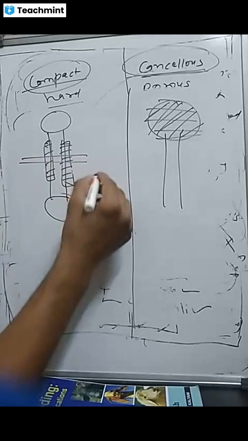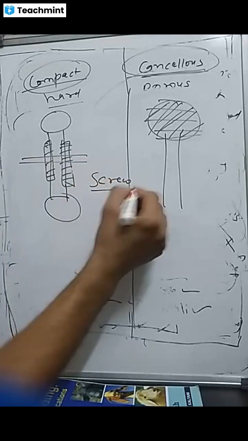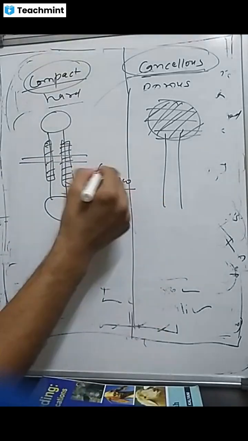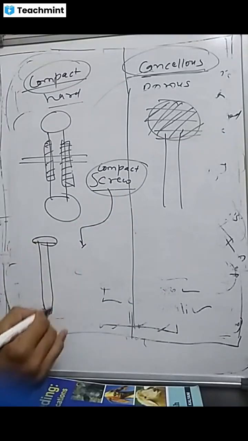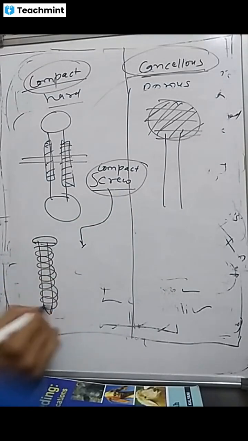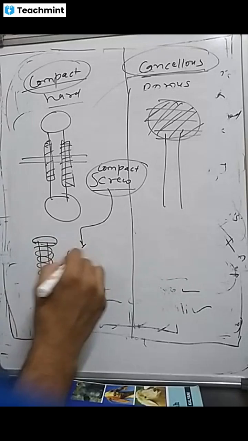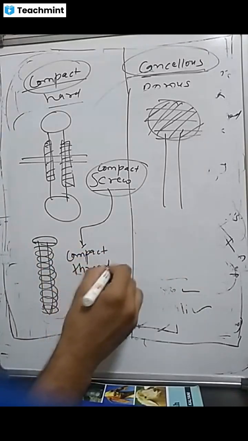This gives an idea what kind of screw we use. Compact screw means a screw whose threads are very compact. These are the threads, very compact threads near to each other.